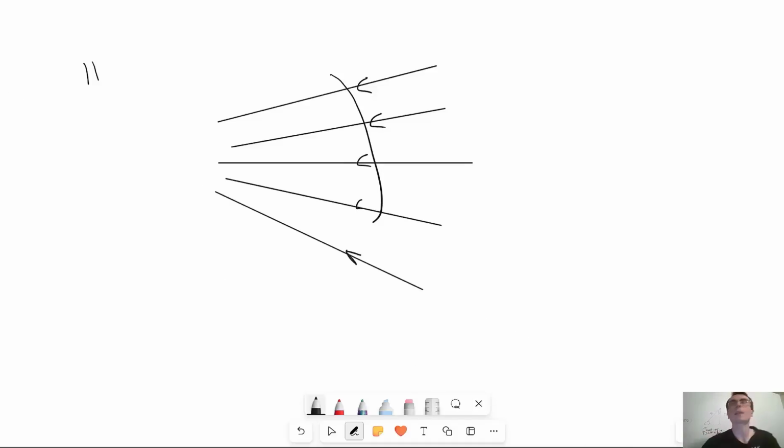So field lines, electric field lines, always flow from positive to negative. Because they're radial, this means that somewhere over here there is a negative charge. Okay, so we have a negative ion which is placed somewhere along.